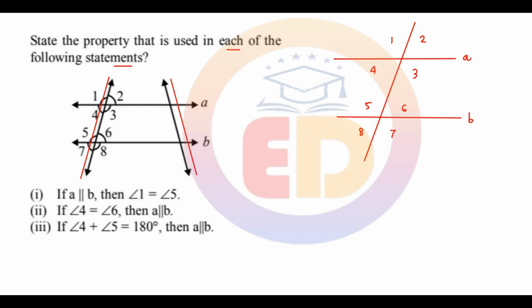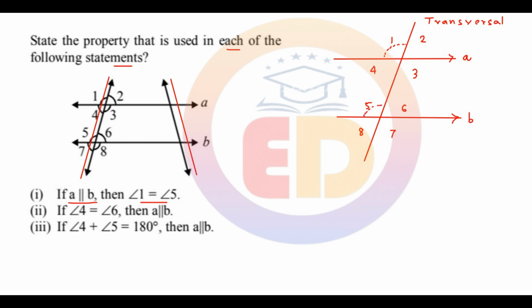Question number 1 says if A is parallel to B, meaning these two lines are parallel, and we know that the line which is intersecting both the lines A and B is called a transversal. They say then angle 1 is equal to angle 5. Now here we can see angle 1 and here we can see angle 5.